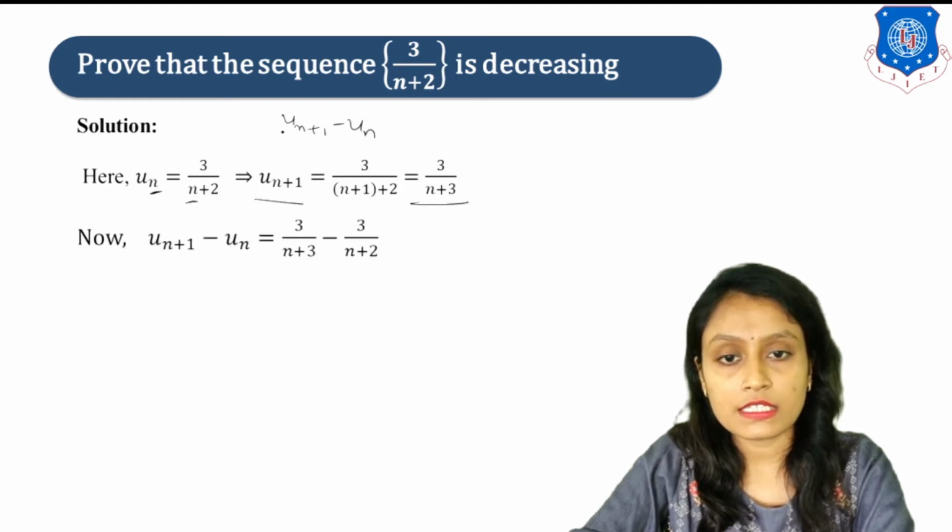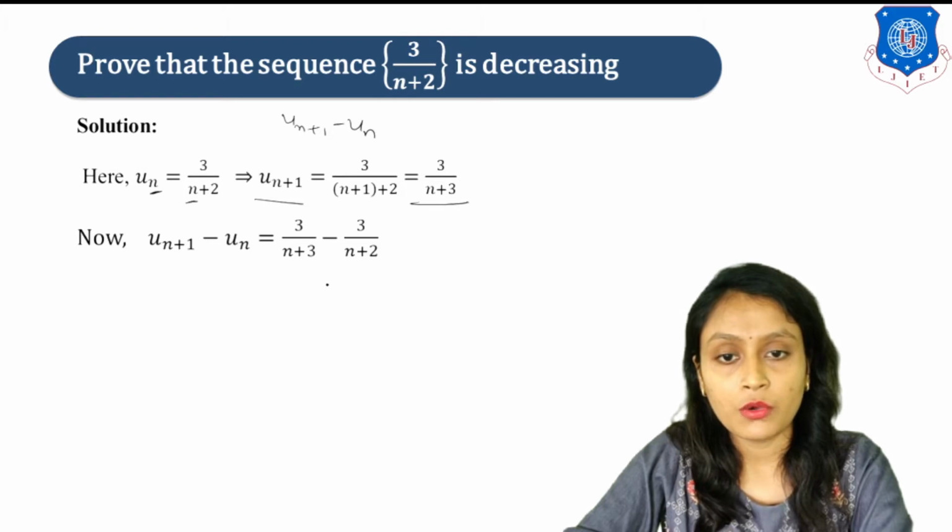Now we will solve u_{n+1} minus u_n. So the answer is 3 upon n plus 3 minus 3 upon n plus 2. Now we take this 3 common and cross multiply. You will get 3 into (n plus 2 minus n minus 3) upon (n plus 2) into (n plus 3). The n will get cancelled, and 2 minus 3 is minus 1.